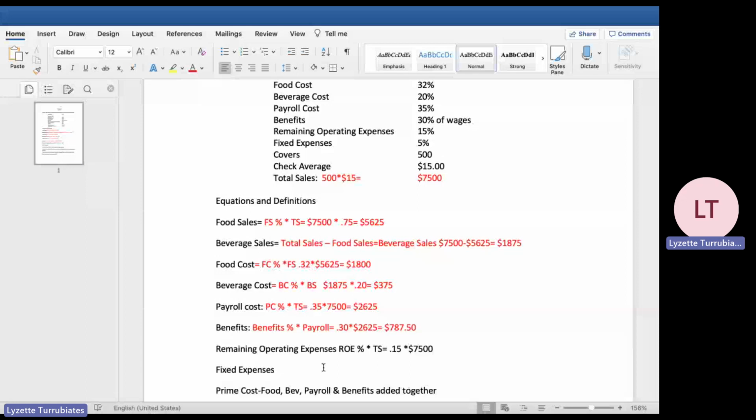So our remaining operating expenses are going to be $1,125.